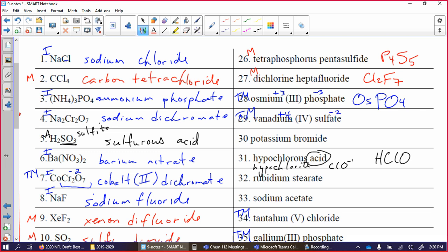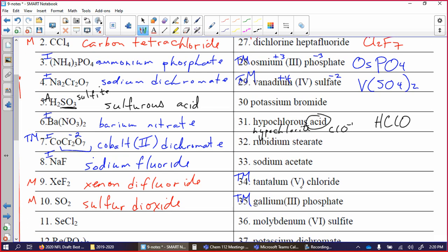Sulfate is -2. I need 2 sulfates for that. Tantalum, +5, -1: TaCl5. Gallium. This set of stuff has a Roman numeral with gallium.